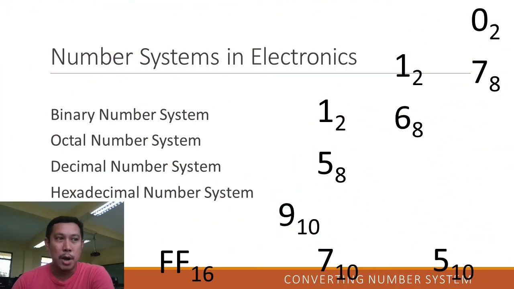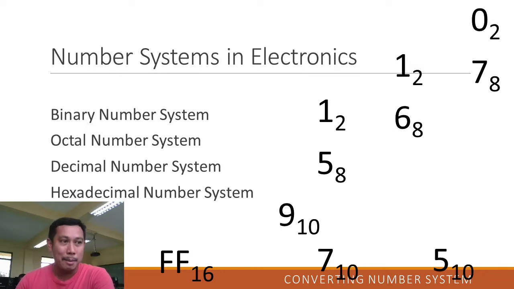We also talked about the different number systems in electronics, namely the binary number system that is composed of only two digits, the ones and zeros. That is a base 2 number system.